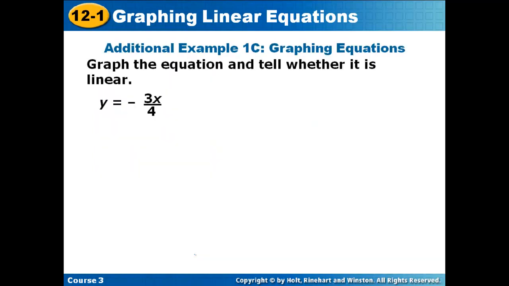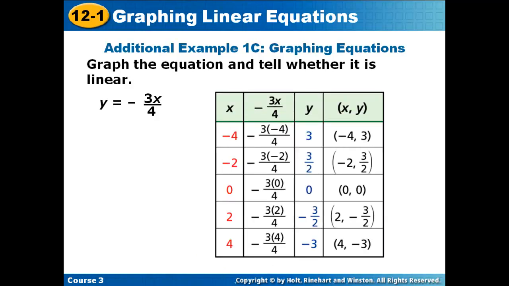Okay, let's check here. We have y equals 3x over 4, -3x over 4, same. We have x equals -4, -2, 0, 2, 4. These are the numbers I choose.